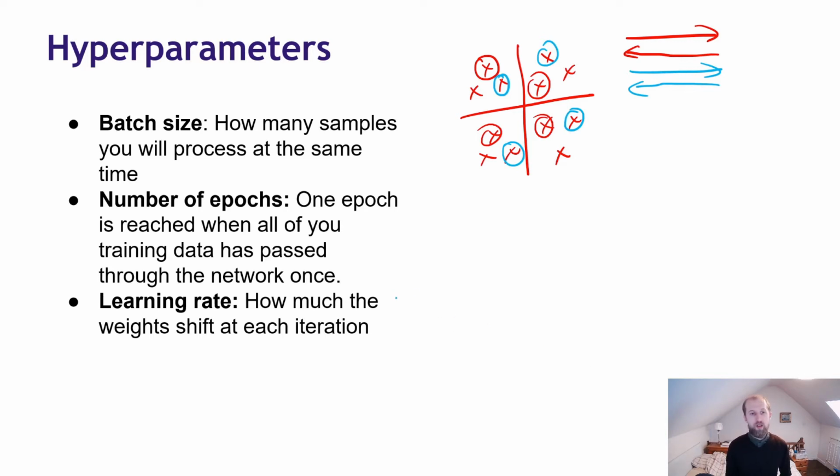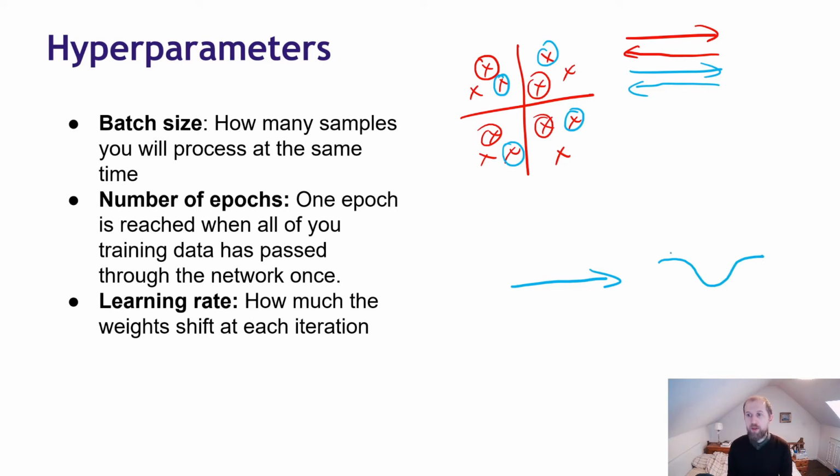Lastly, the learning rate just controls how much the weights are going to shift for each iteration that you do. So every time you calculate gradients, you are going to multiply that gradient by this learning rate, and that essentially stops a common problem. I'm not going to explain the full ideas behind stuff like stochastic gradient descent, but essentially, let's say you have a gradient that looks like this, and you are trying to find the minimum point of this curve.